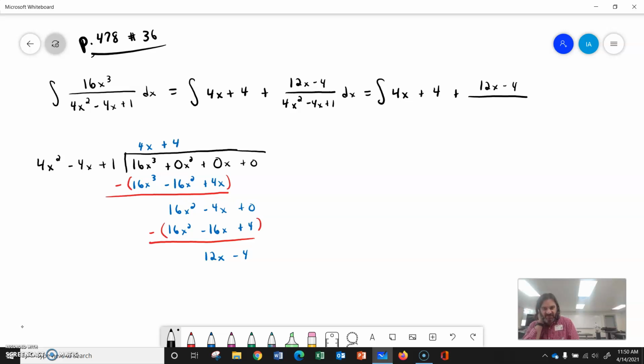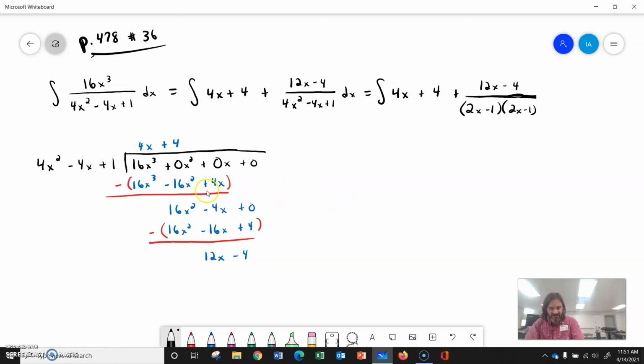I think this bottom goes to 2x minus 1 times 2x minus 1. So let's see, that was going to be 4x squared minus 4x plus 1. Yes. So it does factor this way. And look at it, it is a repeating factor in the denominator, so that will be important as we move forward.